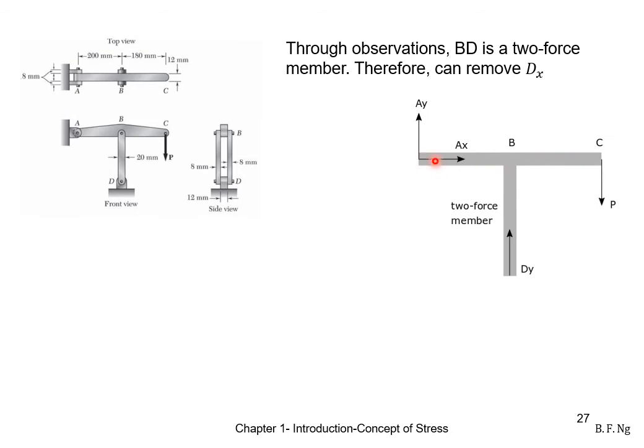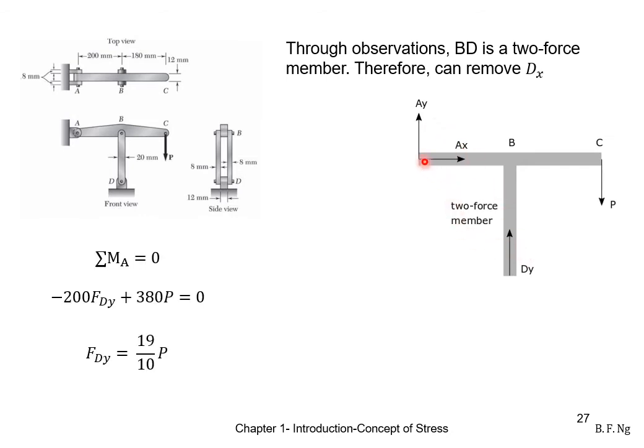At A itself, because we do not know the direction of the force, we assume Ax and Ay. At D itself, we are only left with Dy because we know that BD is a two-force member. We are told to find P subject to the conditions of stresses in the pins as well as the links. As such, we will need to find the unknown forces Ax, Ay, and Dy.